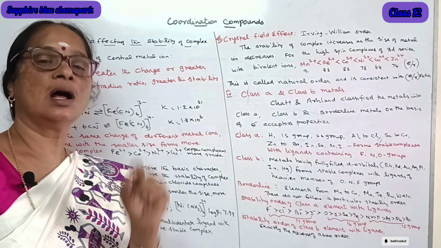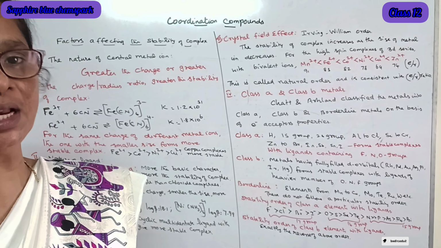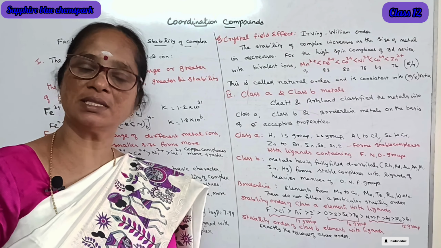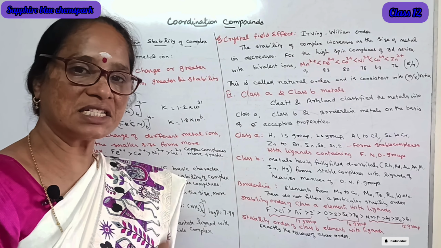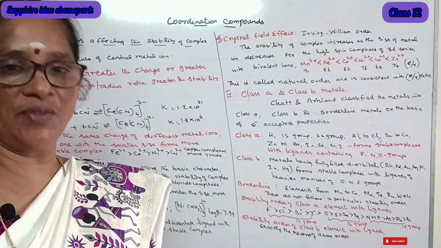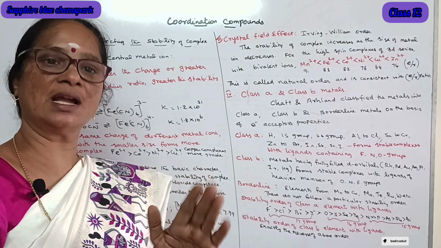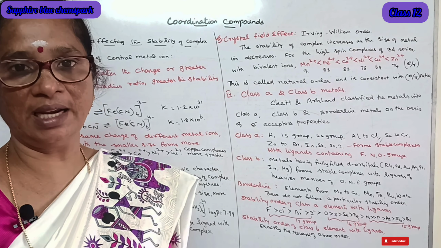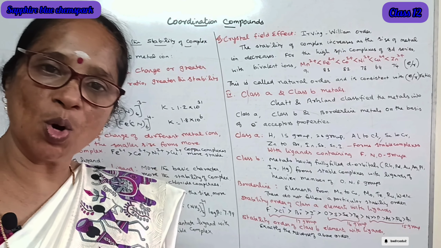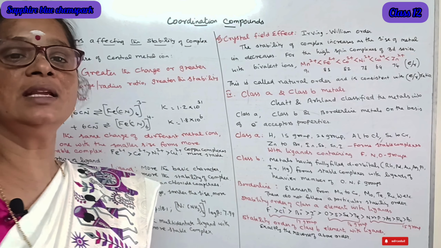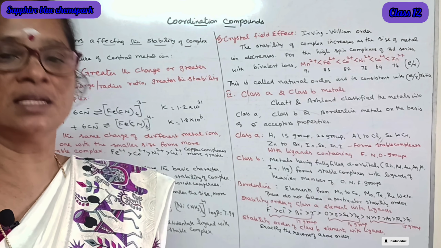Already we know, depending on the charge of the metal ion, the stability of the complex is determined. The transition metals have variable oxidation states. So the same metal ion in its higher oxidation state is able to form a more stable complex than in its lower oxidation state.